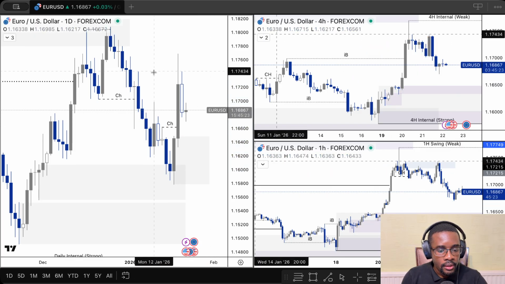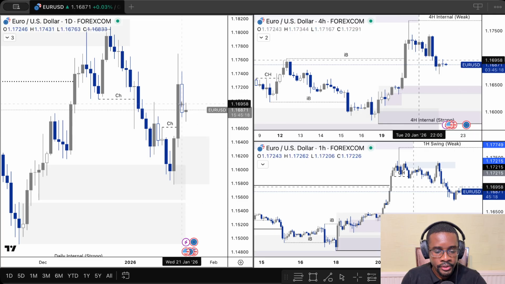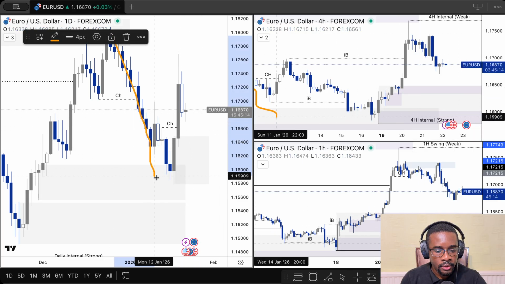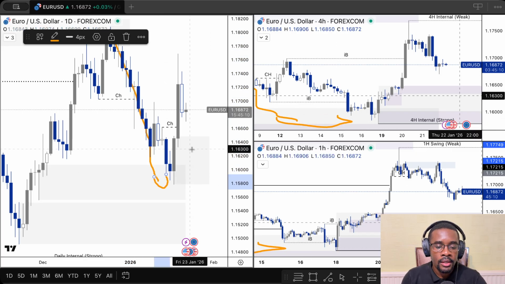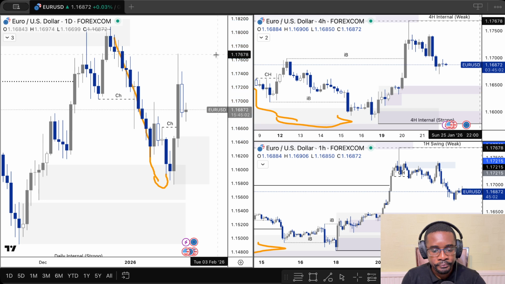At this point the expectation is that the pullback for the internal and the swing on the daily is complete, and now we are looking to go long, to target those weak internal and swing highs.